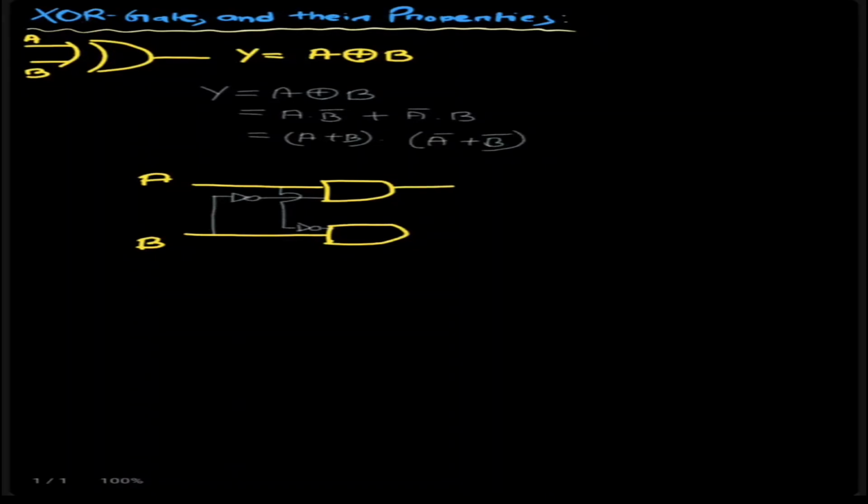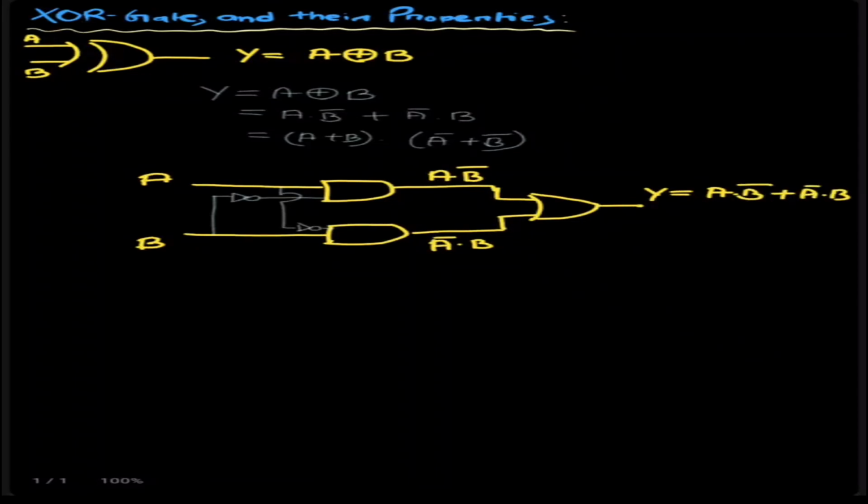So the output in this case will be A and B complement, and in this case it will be A complement and B. Now we only have to make an OR gate for them. This can be written as Y equals A and B complement, or A complement and B.